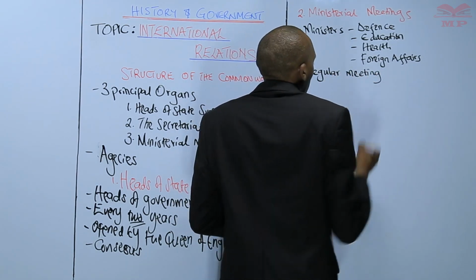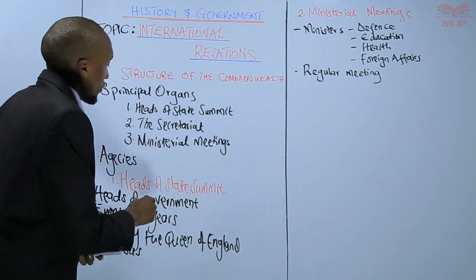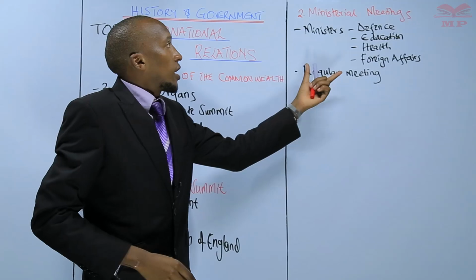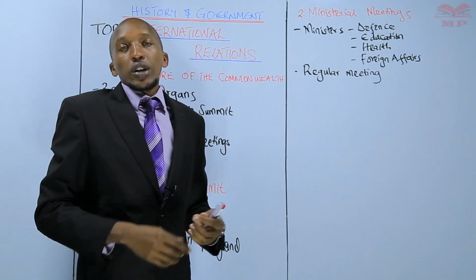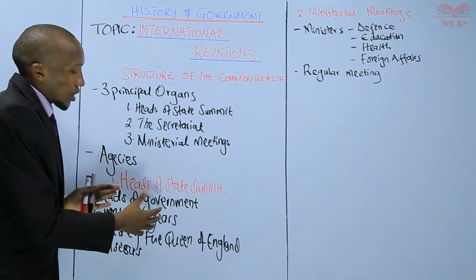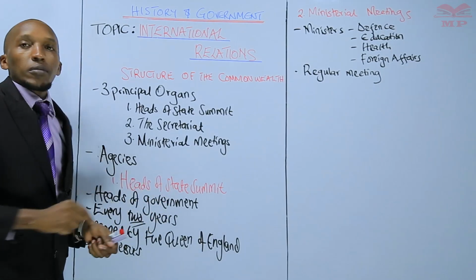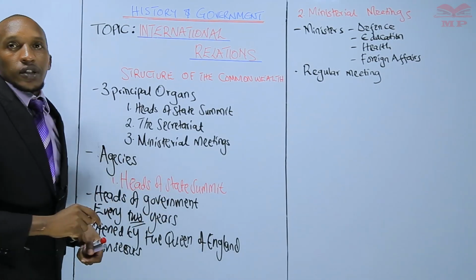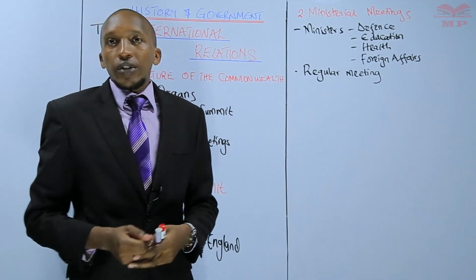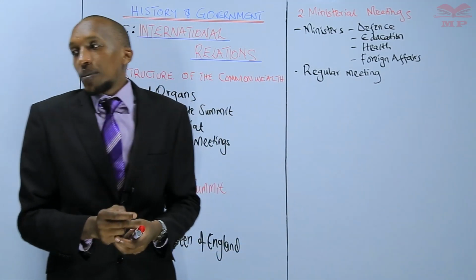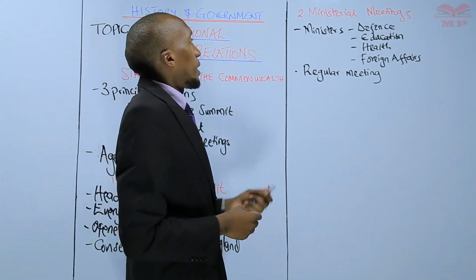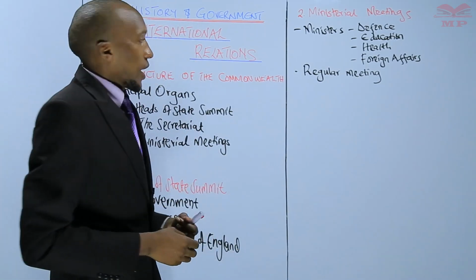And oftentimes, before the summit of the heads of state, you'll find that you'll have a ministerial meeting to make sure that if there are any issues, or there is a policy that is supposed to be made by the heads of state, the ministers will come together, discuss, and make recommendations that come to be discussed by or to be passed by the heads of state.